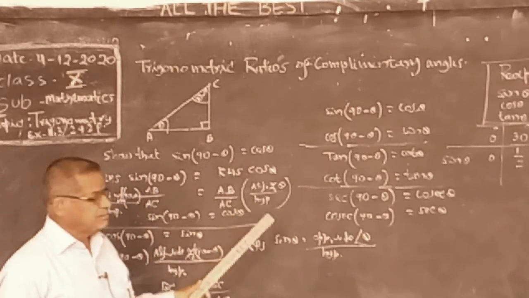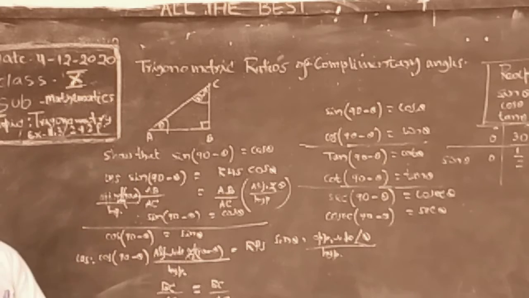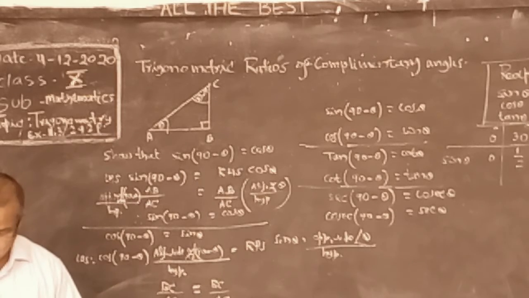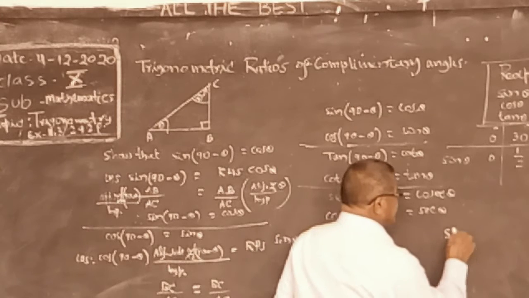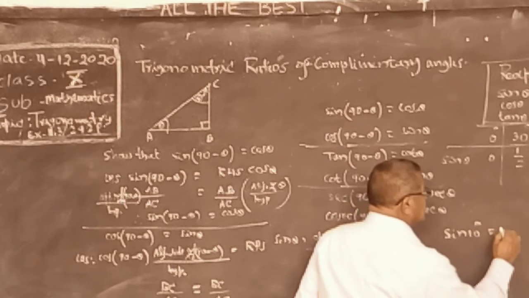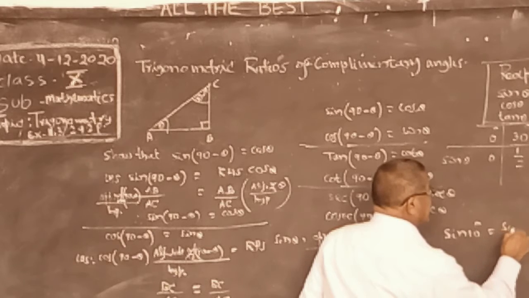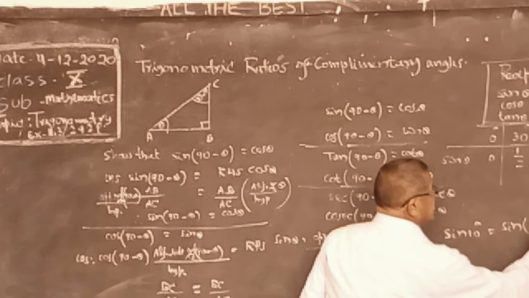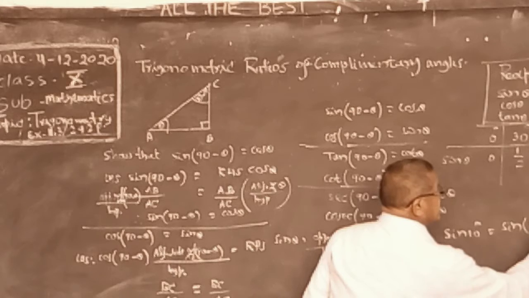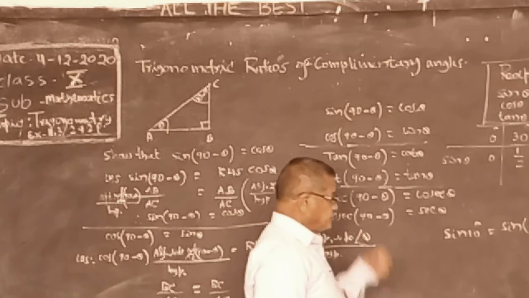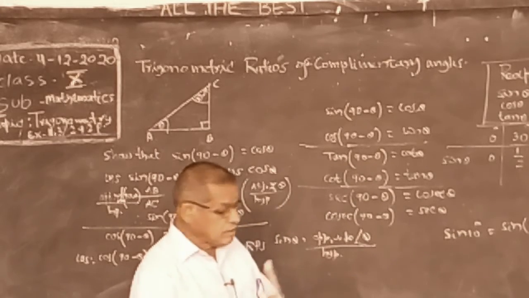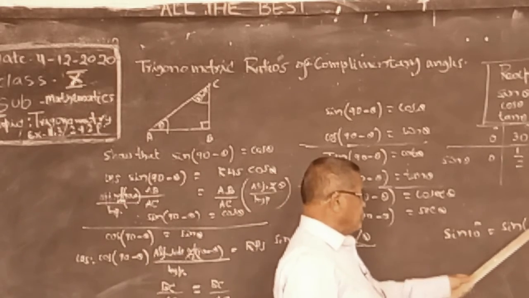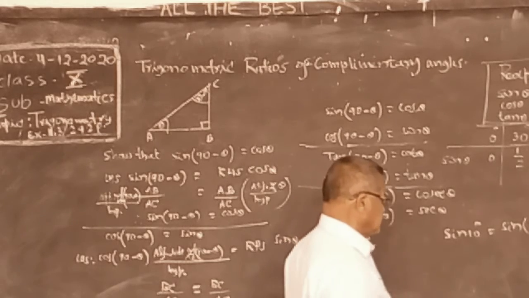by using these principles. Let us do exercise 11.3. You remember, for practice, sin 10 degrees can be written as sin of 90 minus 80.